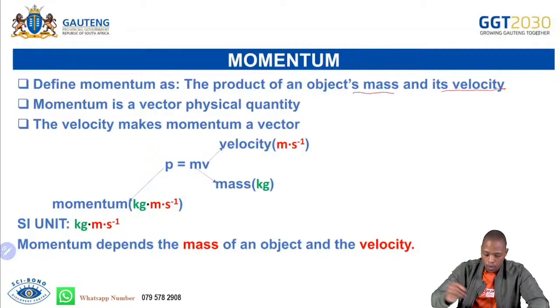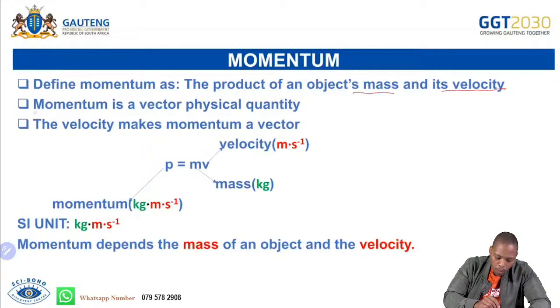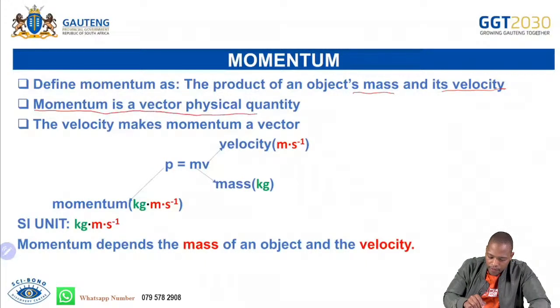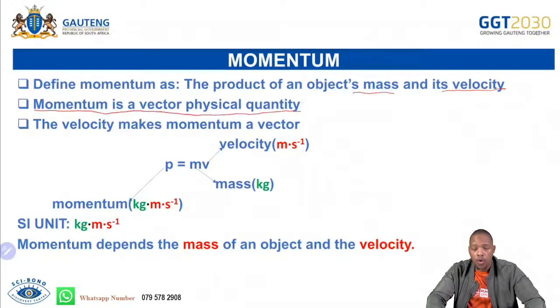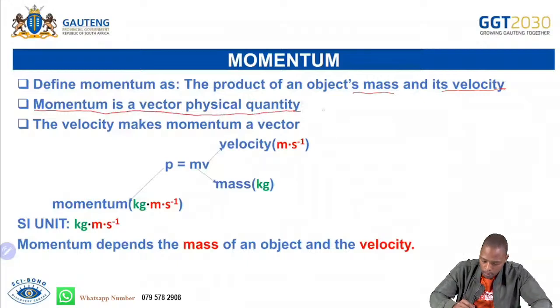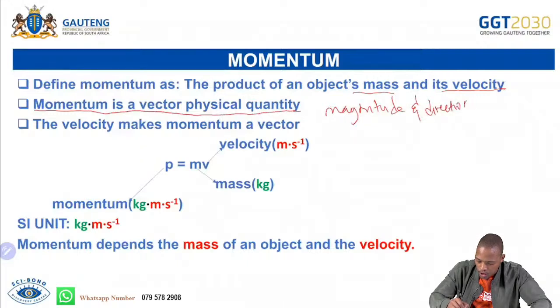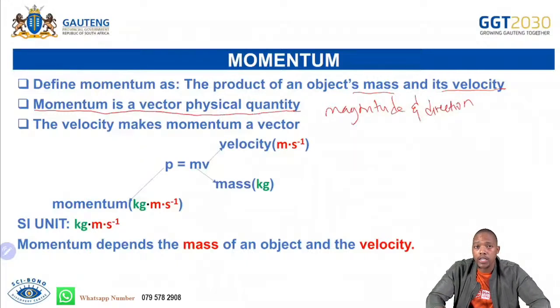Okay, so grade 12, we must know that momentum is a vector physical quantity. What do we mean by a vector physical quantity? I hope you all remember that a vector is a physical quantity that has magnitude and direction.